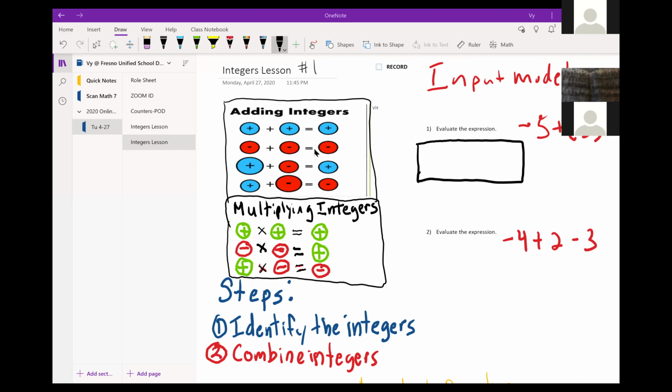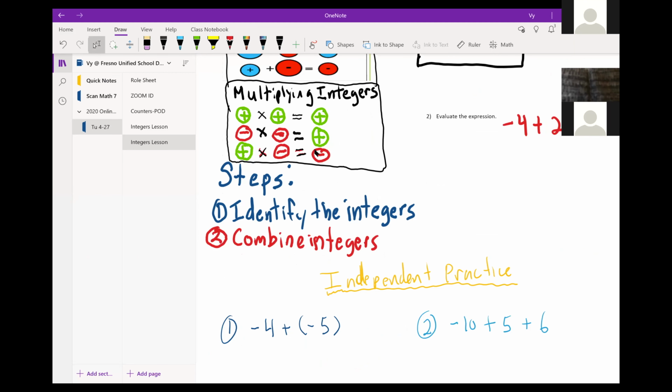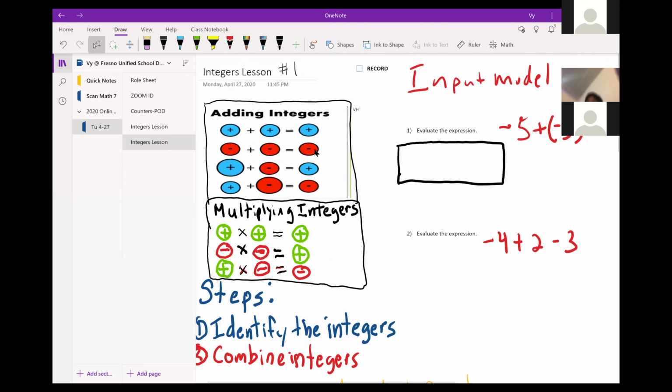Today we are going to do an input model. It is about adding, basically the objective is to add and subtract integers. The steps are first to identify, you got to identify the integers right here, and then you have to combine the integers. That's the steps, right? So the input model, let me see here. So input model, you have -5 plus a -5.